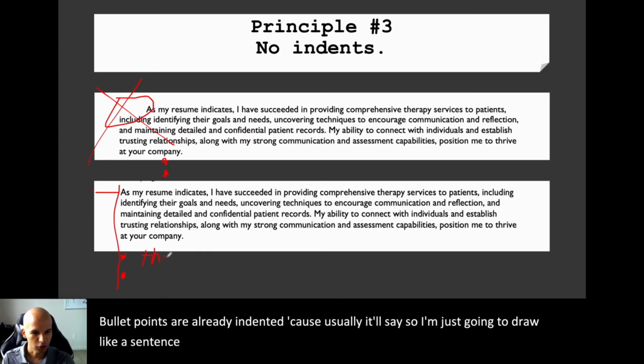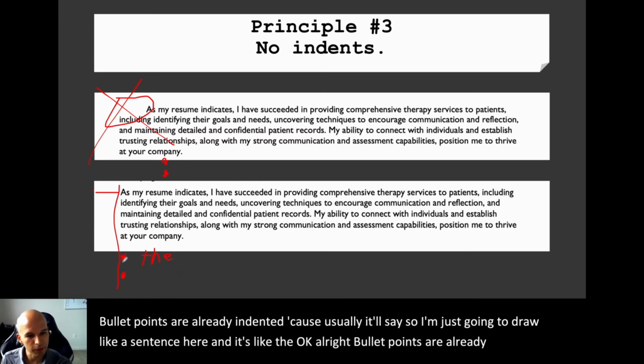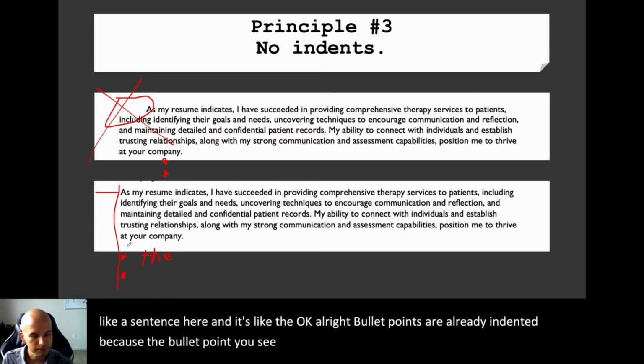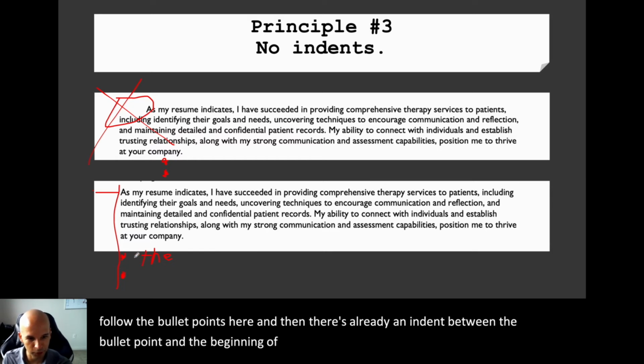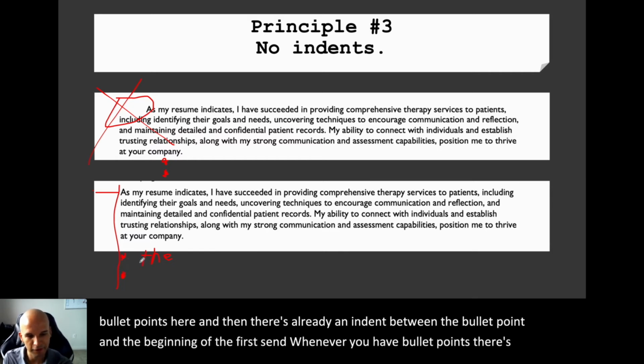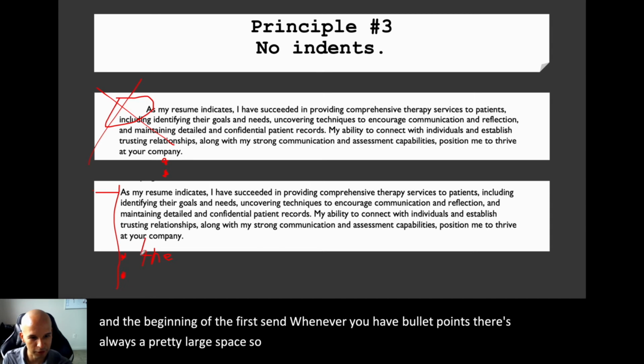Bullet points are already indented because usually it'll say, so I'm just going to draw like a sentence here. And it's like okay. All right, bullet points are already indented because the bullet point, you see the strong left margin here? Your eye can follow the bullet points here. And then there's already an indent between the bullet point and the beginning of the first sentence. Whenever you have bullet points, there's always a pretty large space. So there's already an indent where the letter starts.